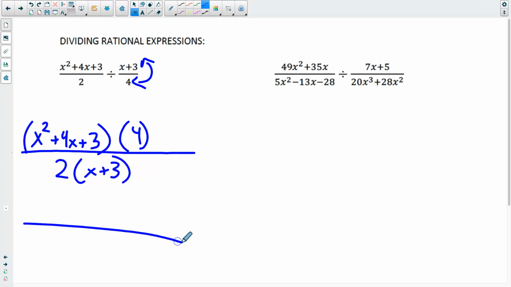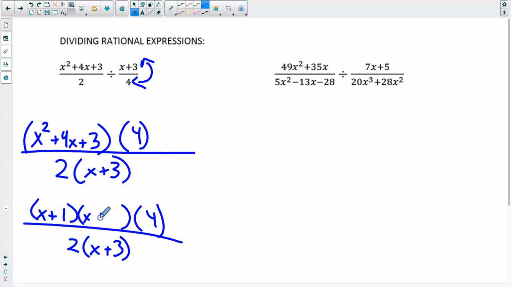What does x squared plus 4x plus 3 factor to? Well, it multiplies to 3 but adds up to 4. 3 times 1. So I got x plus 1 and x plus 3.